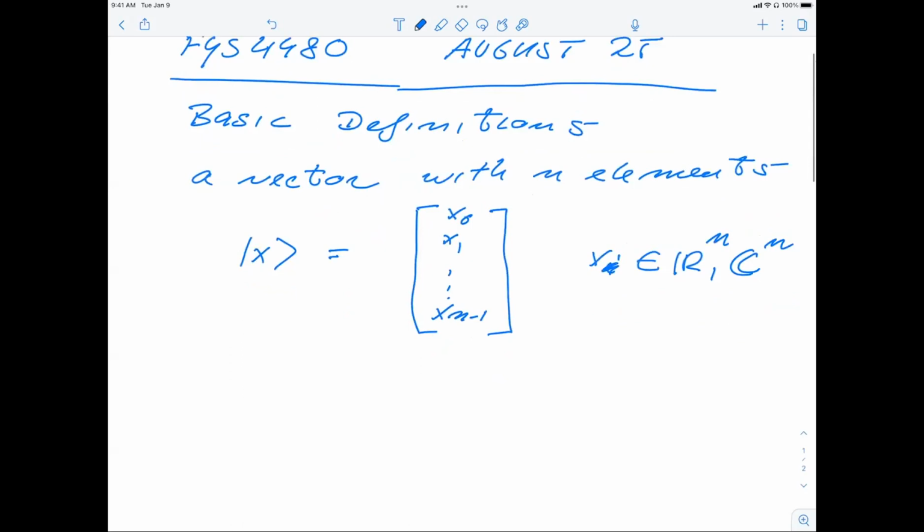Then we are going to define the bra state, which is simply given by the Hermitian conjugate, or sometimes we just call it the adjoint. So there's a kind of mixing of words.